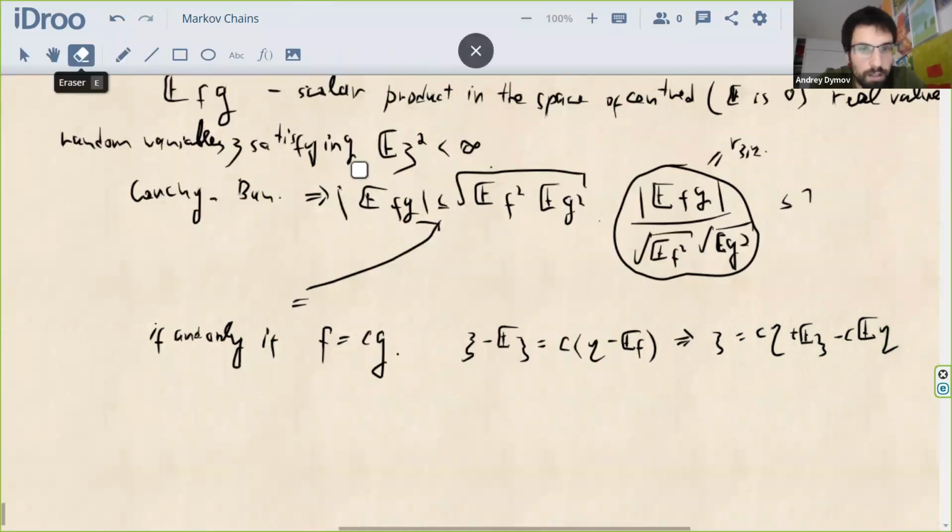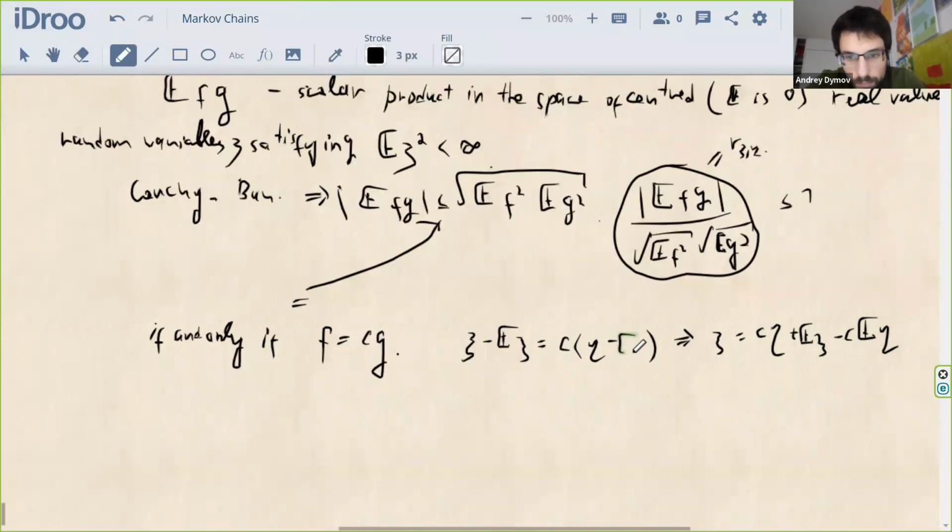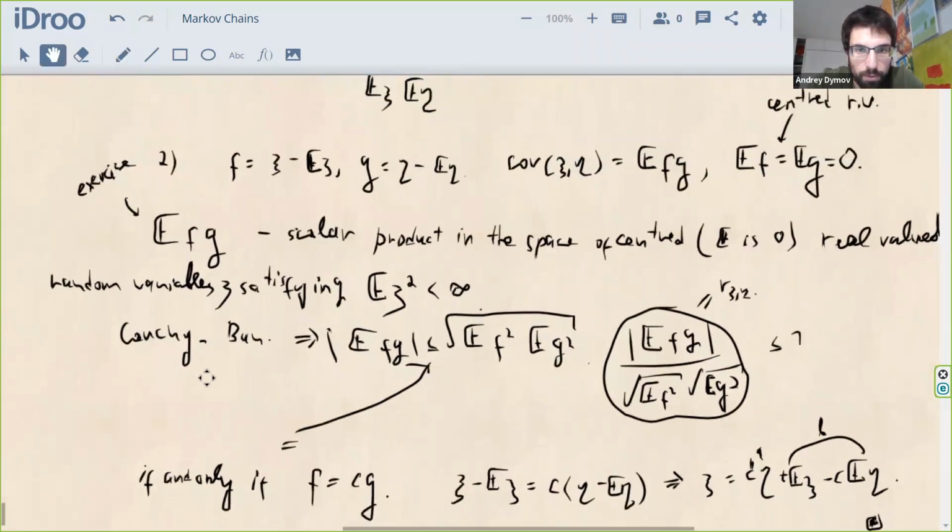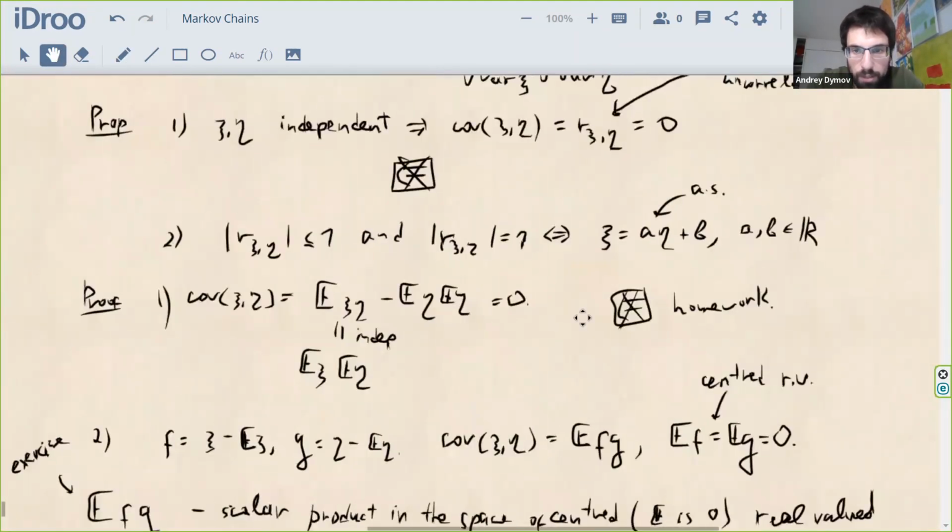And here I should write not f but eta. Okay, so indeed we see that psi is linearly dependent with eta, because this is the constant a, and this is the constant b from the formulation of my proposition.